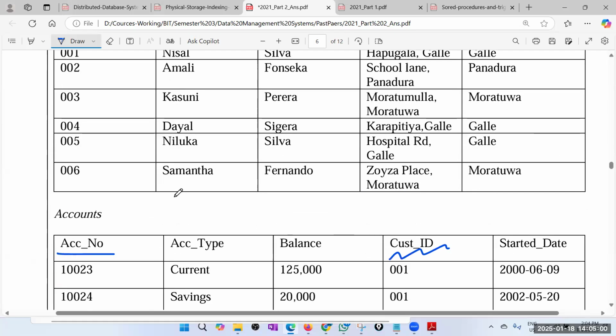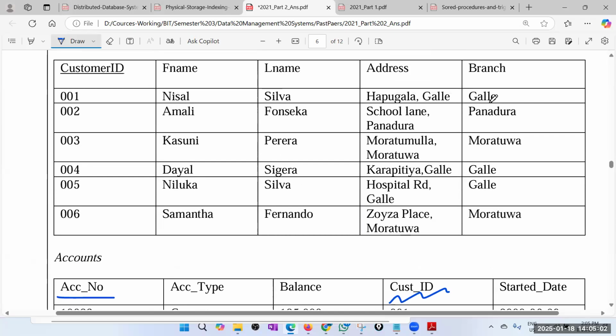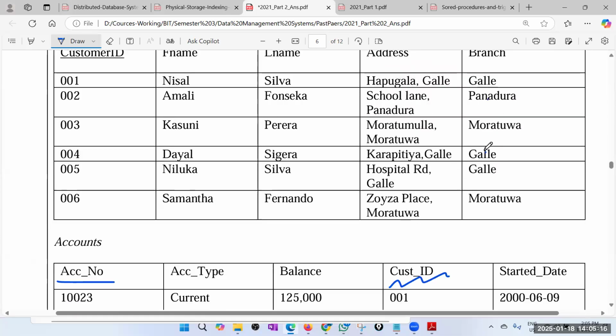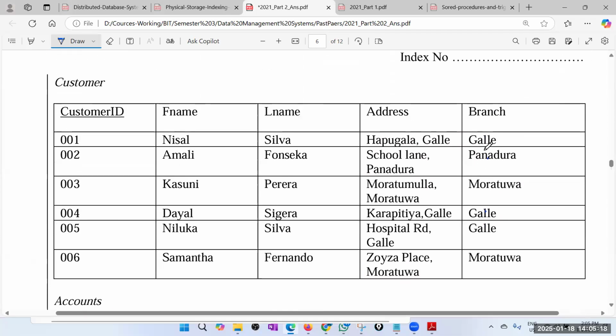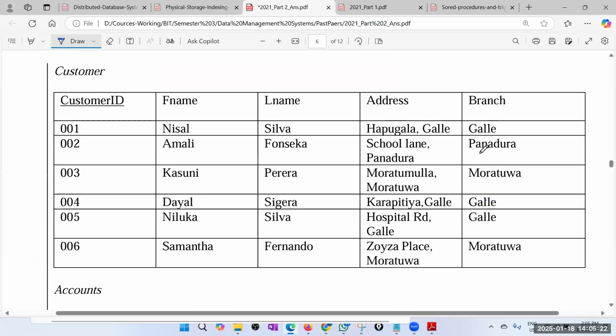One for Panadura, where branch is Panadura, another one branch is Galle, other one branch is Moratuwa. Okay, so those are two sigma statements. Sorry, three sigma statements. Galle, Panadura, Moratuwa.